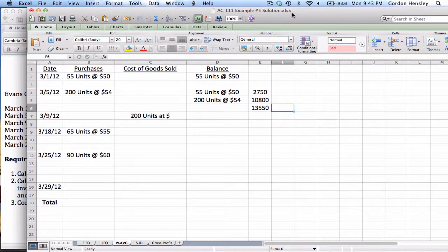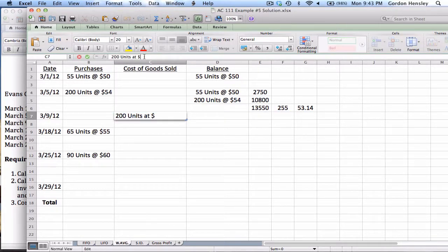Now, how many units do I have right now? I've got 55 and 200, so I've got 255 units. So if the inventory is worth $13,550, but there are 255 individual units, if I divide, that means the average price of every unit is $53.14.